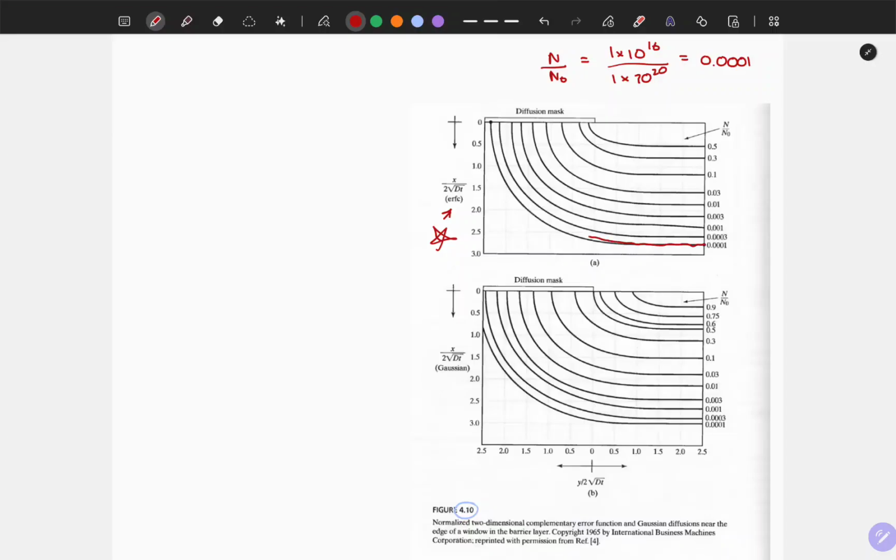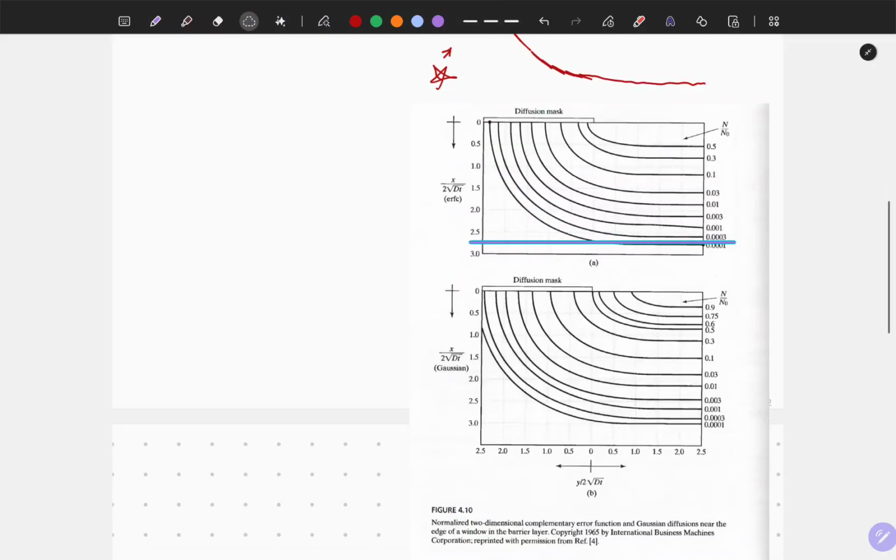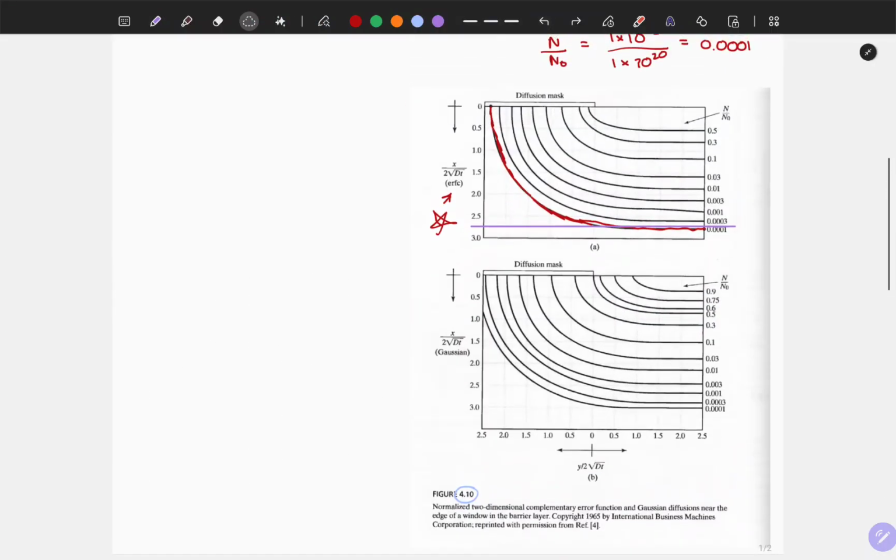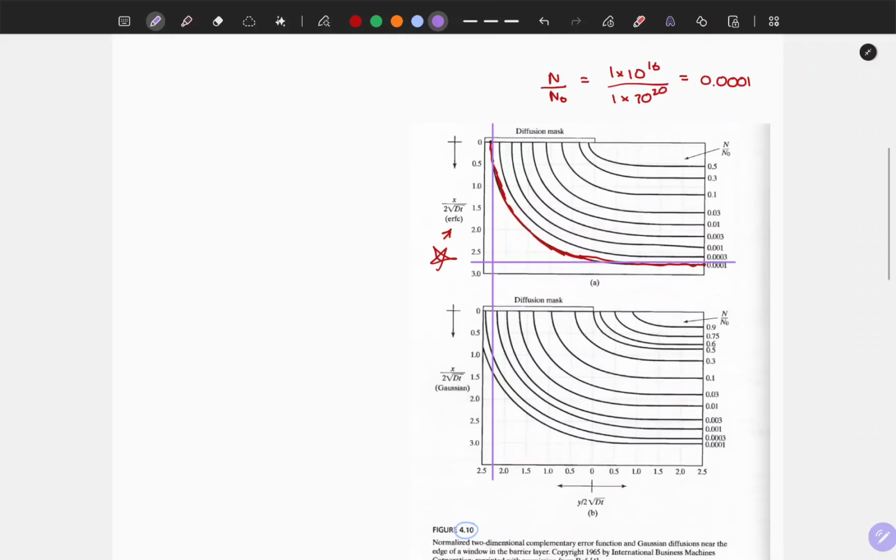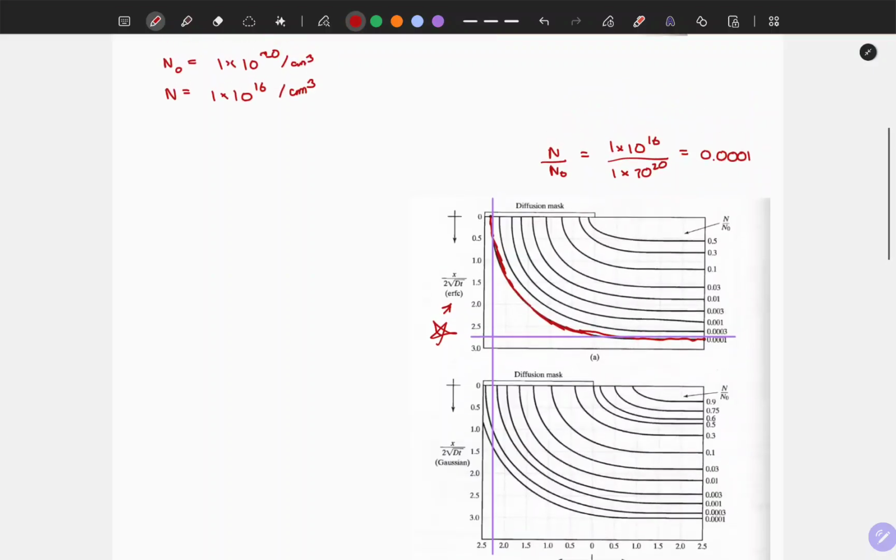We follow this line right here, and then this line corresponds to a lateral. Sorry, I don't know if I can do this. That's fine. Let's draw a more straight line. There we go. Not super clear, but good enough.